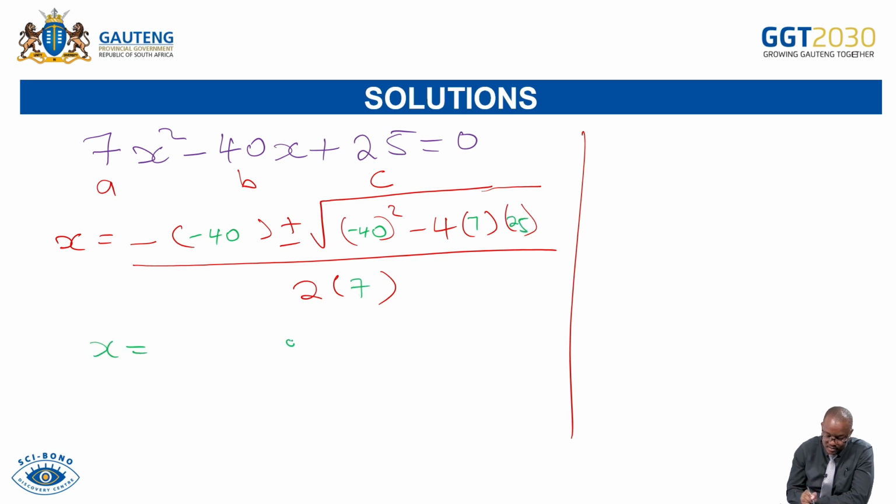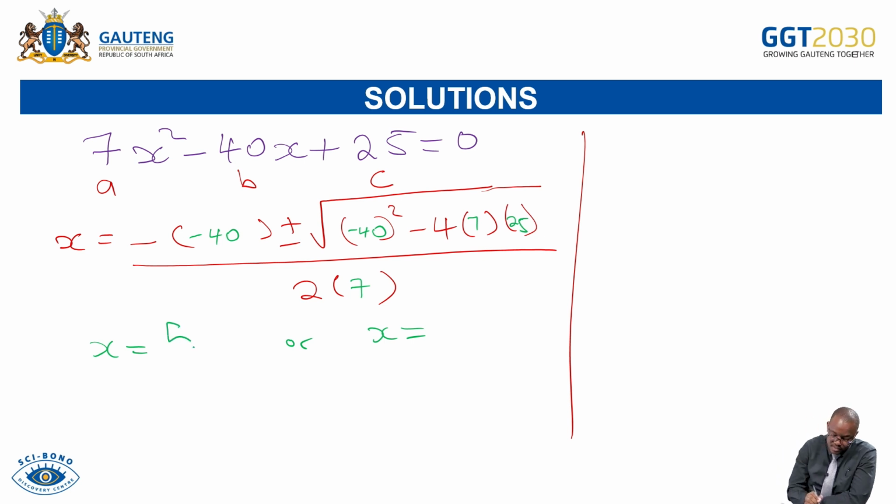Then x will be, so now we go and punch in our quadratic formula. Square root of minus 40 squared minus 4 into 7 and 25, over 2 into 7.